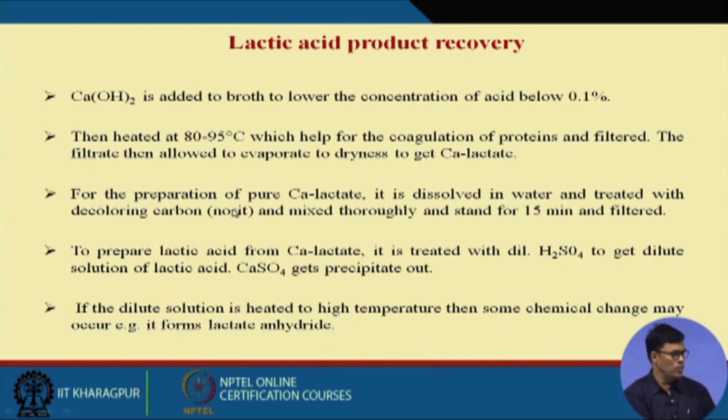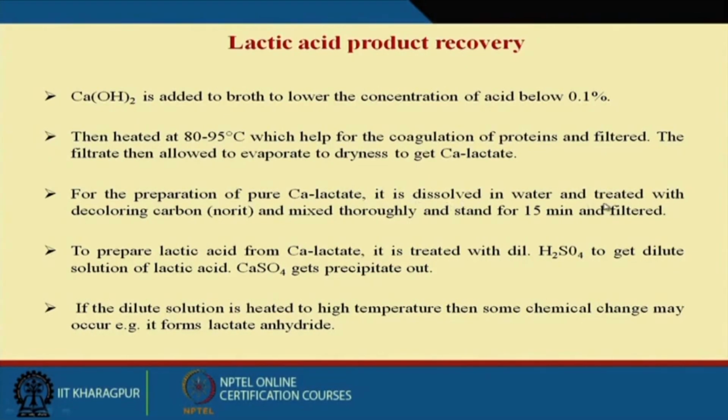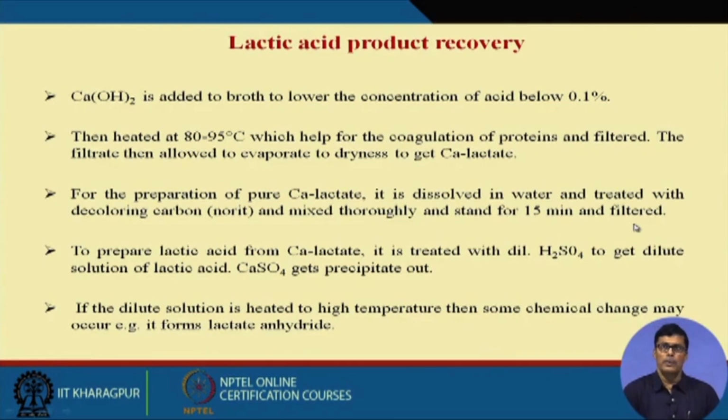Initially our intention is to produce calcium lactate, and this pure calcium lactate is dissolved in water, treated with decolorizing carbon, mixed thoroughly, left to stand for 15 minutes and filtered, because it may give some color to the product. That is why we use activated carbon.